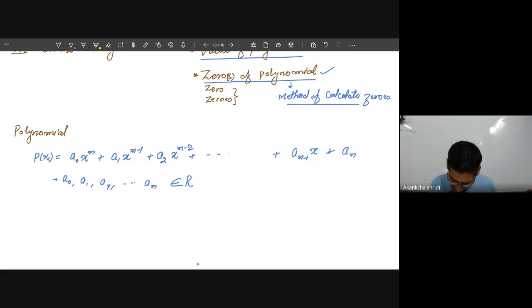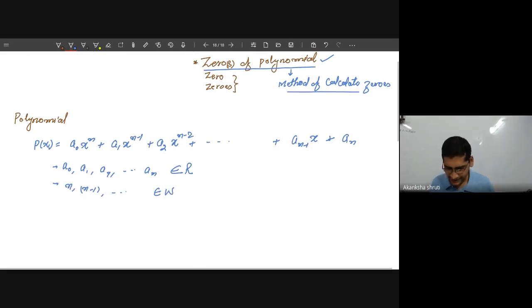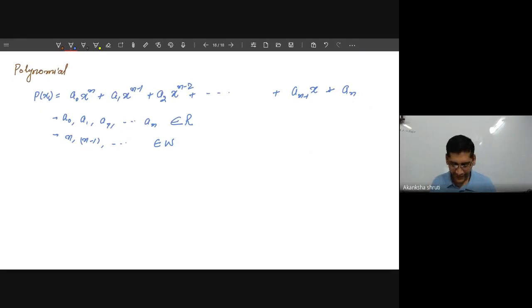The second condition is that the power n, n minus 1, going on, must be a whole number, meaning it cannot be negative, a fraction, or a decimal. Students, this is the most general. Based on this, we have also written the general or standard form.